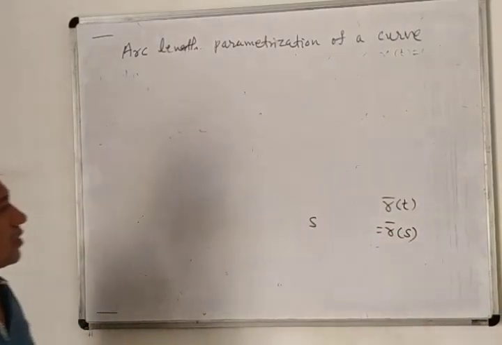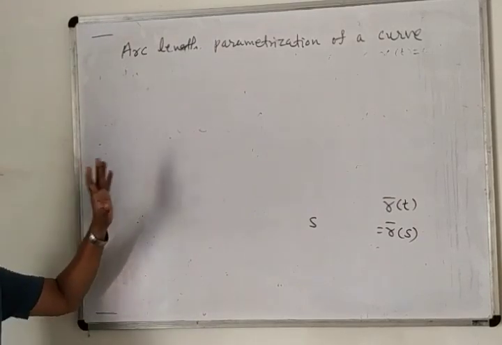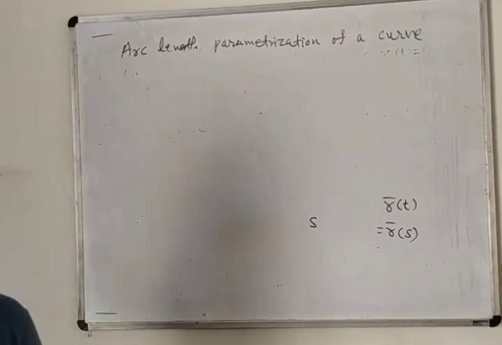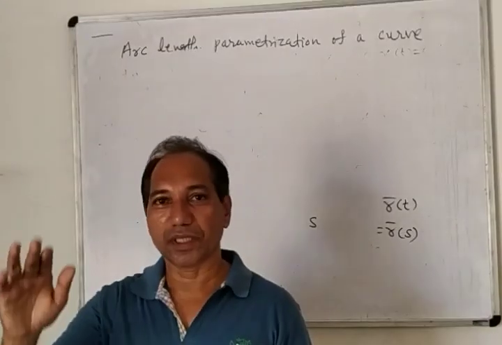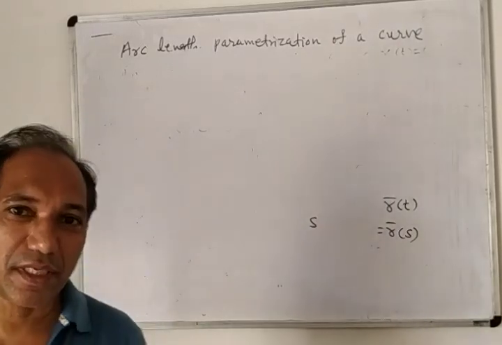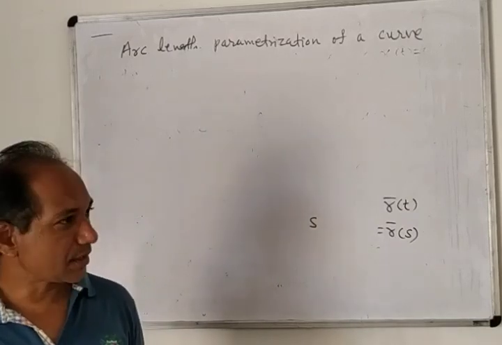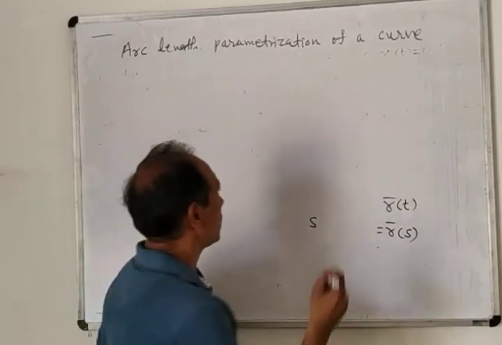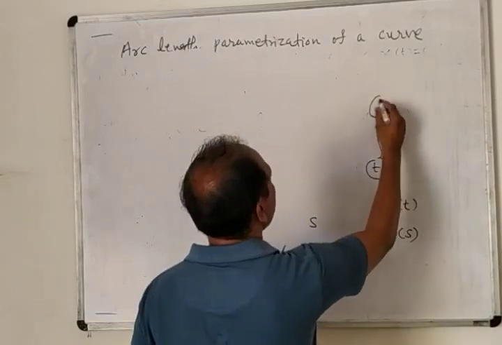So for that, what do we need to do? It is very simple. First we obtain the arc length, and the answer will be in terms of t, because here the limit of integration is from t0 to t. In the previous examples we considered both limits as 0 to pi, but here we consider the lower limit t0 as some value, and we keep t as it is.